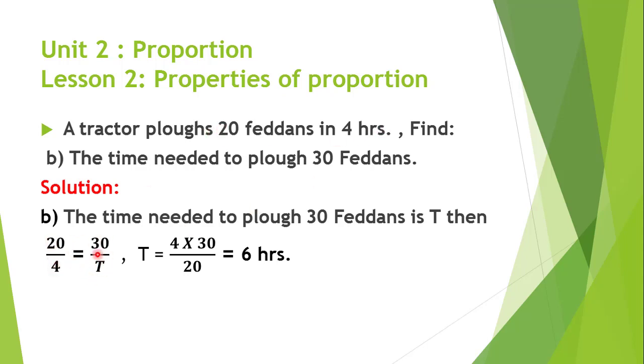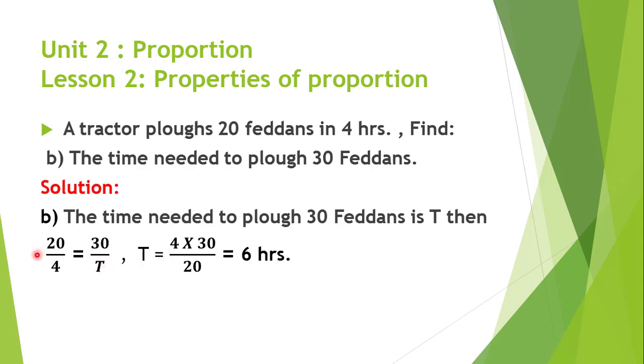I don't know how many hours, so I write T here, or X, or any letter. So 20 over 4, here T because I don't know the time needed, and here we have 30 fiddles. So 20 over 4 equals 30 over T. T is the time needed. You can use any letter, not only T.